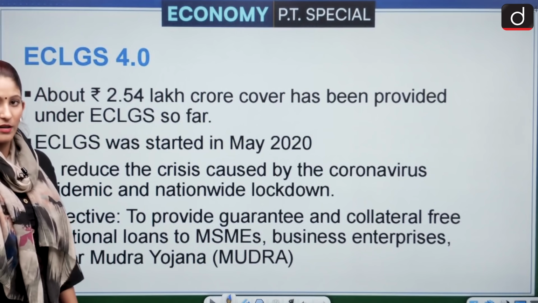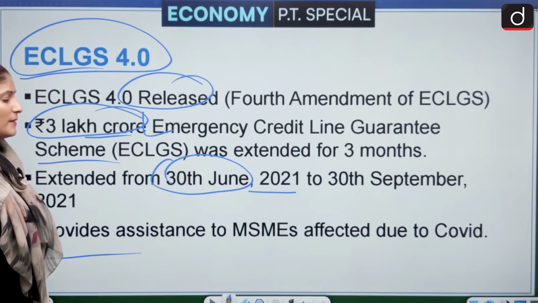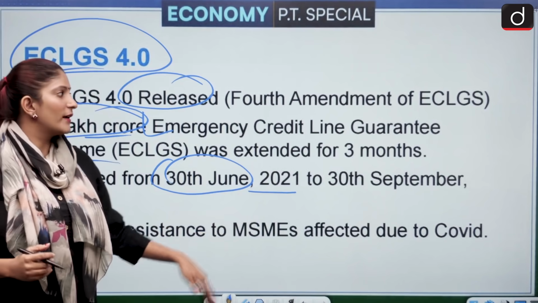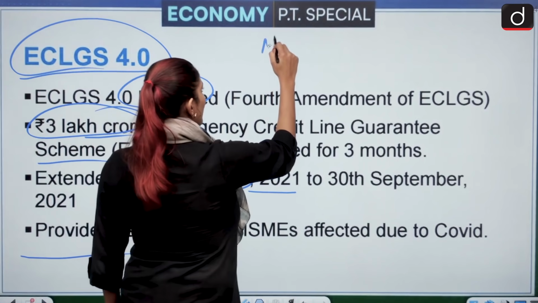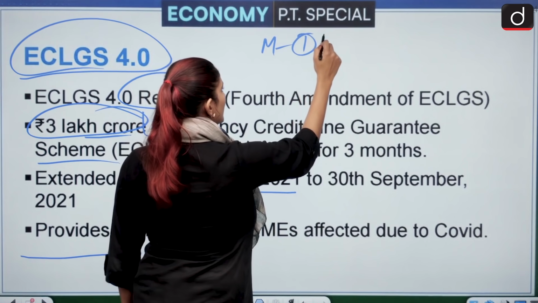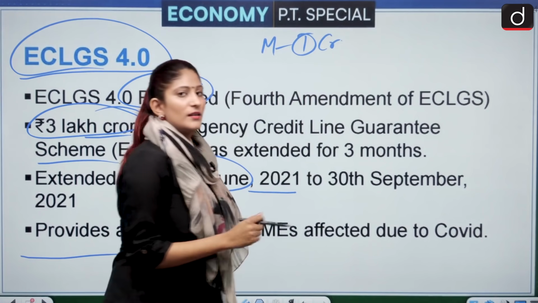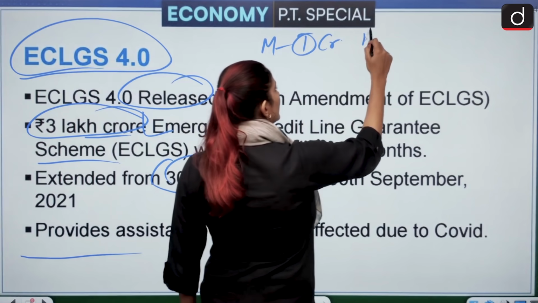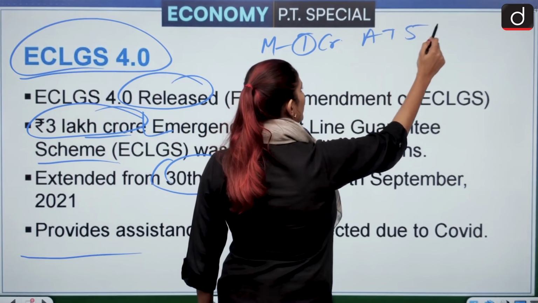So, micro, small and medium enterprises, what are these? If I talk about a micro enterprise, it is an enterprise where the investment of 1 crore is there in machineries and annual turnover is 5 crore.